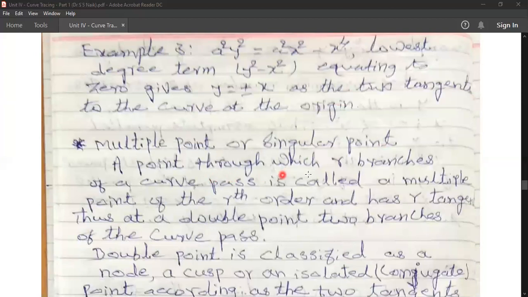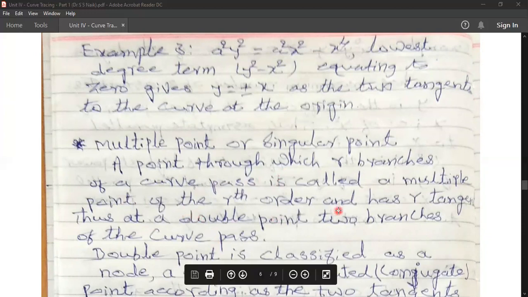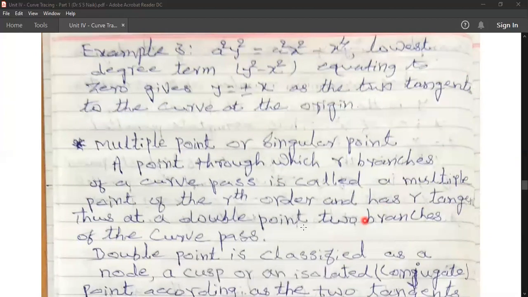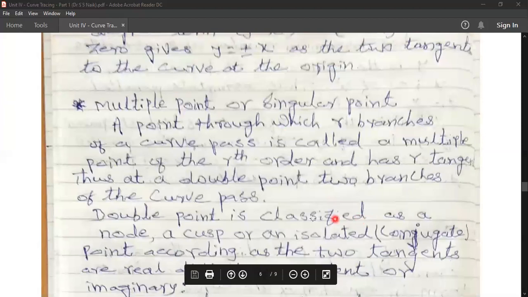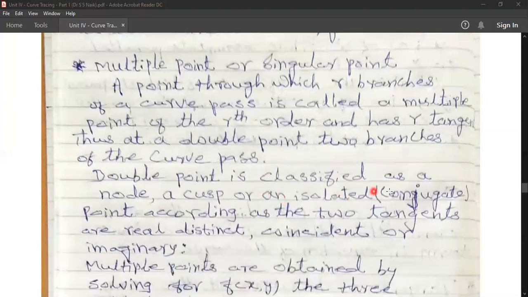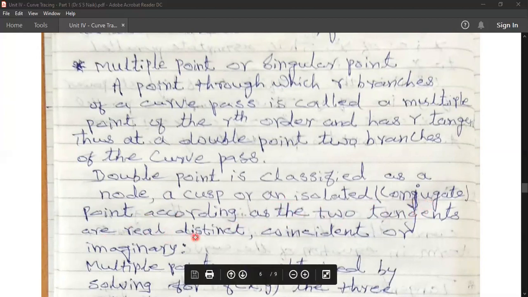A point through which r branches of a curve pass is called a multiple point of the rth order and has r tangents. Thus, at a double point, two branches of the curve pass. A double point is classified as a node, a cusp, or an isolated or conjugate point according to whether the two tangents are real and distinct, coincident, or imaginary.